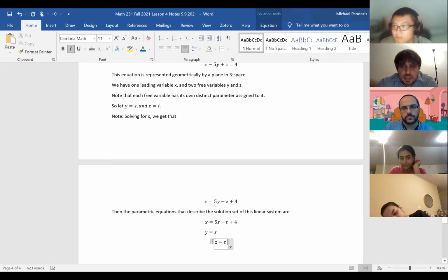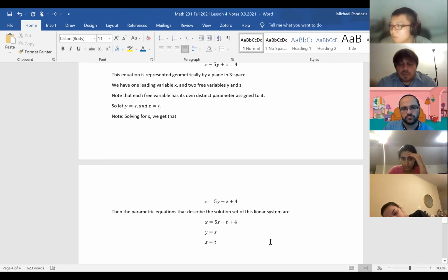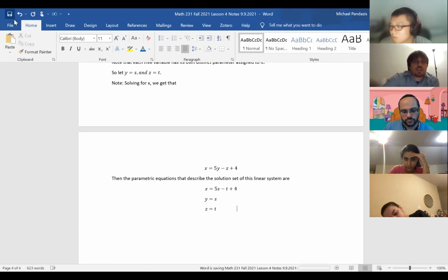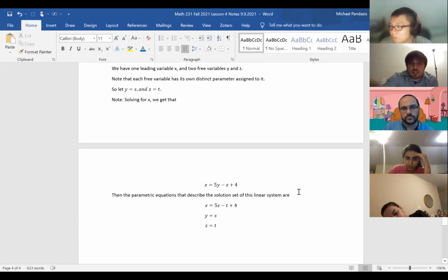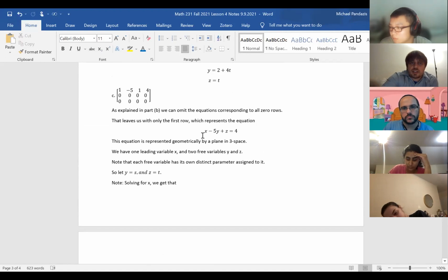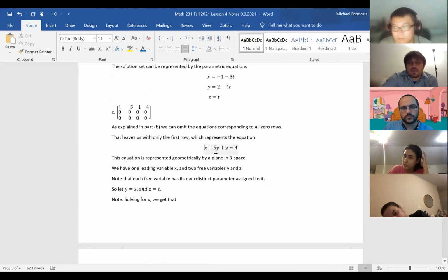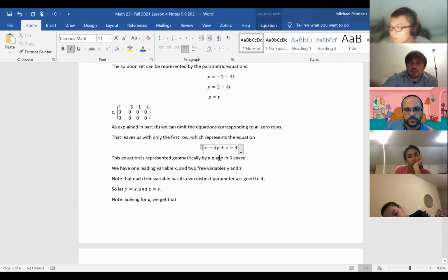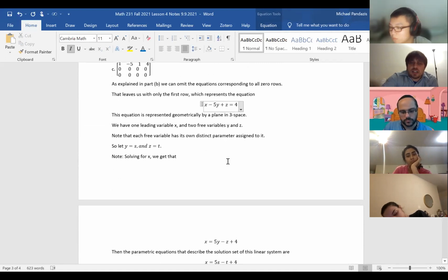These are the parametric equations describing the solution set of this linear system. Since your linear system has one equation, one leading variable and 2 free variables, that means you have 2 parameters, one for each free variable.